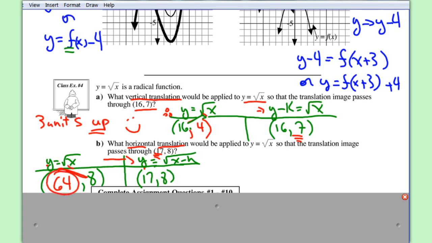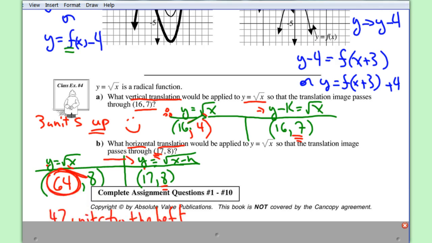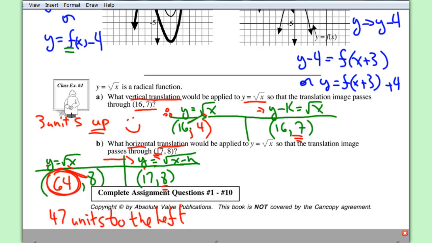Well, it should be 64. 64 should be the x value that normally gives you 8. Obviously, in the transformed version, you got 17, 8. Well, the only way you can get 8 is by having the square root of 64. So therefore, this thing must have been moved 47 units to the left, right?